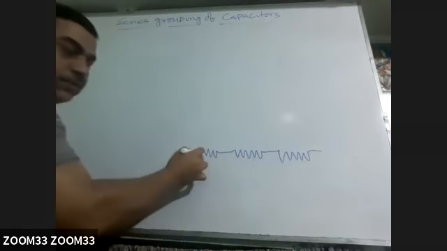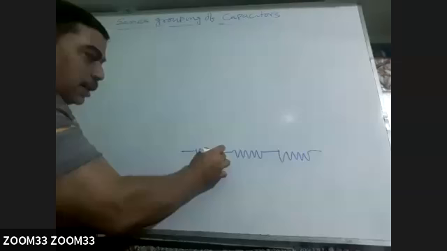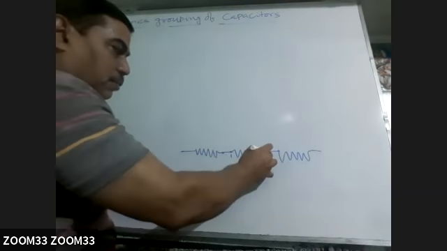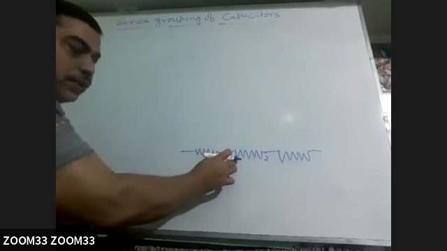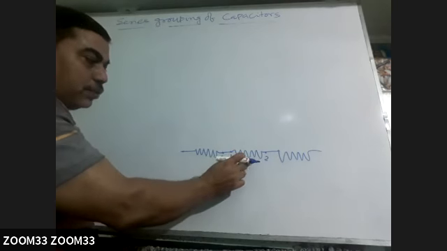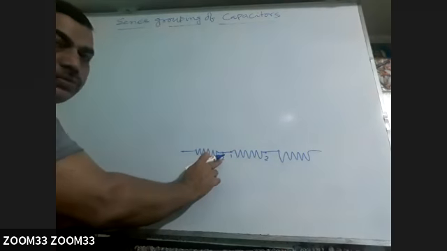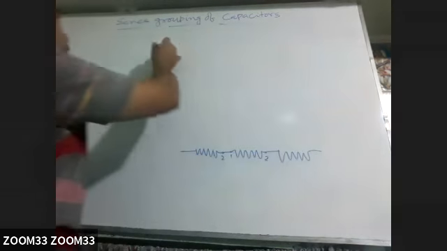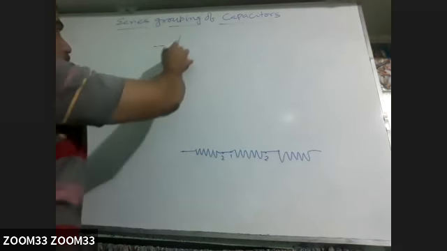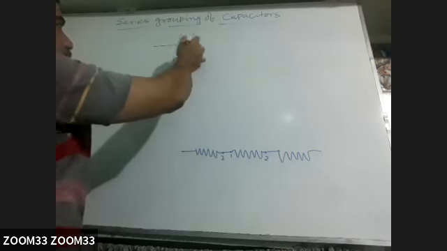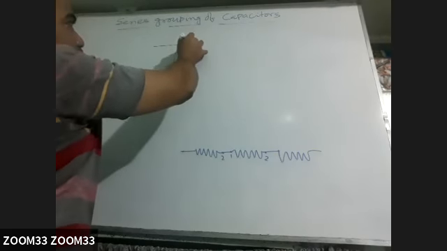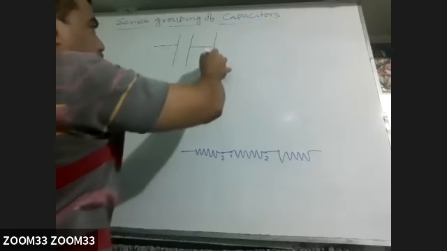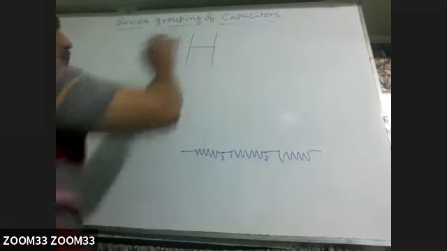Suppose this is the first end, this is the second end, this is the first one, this is the second one. One end of the second resistance will be connected to the second end of the first one. In the same way here also we will connect. Suppose this is the charging plate, this is the earth plate. Now the second one's charging plate will be connected to the earth plate.